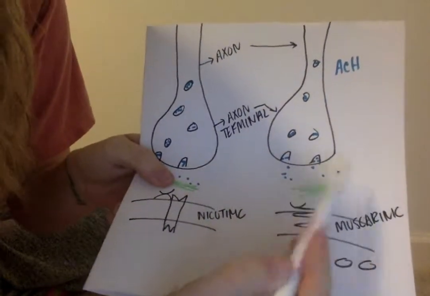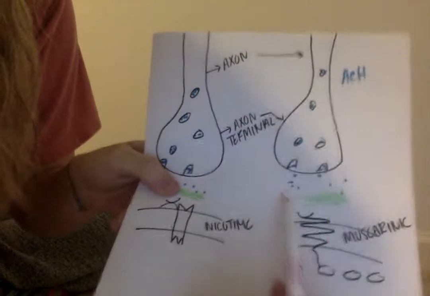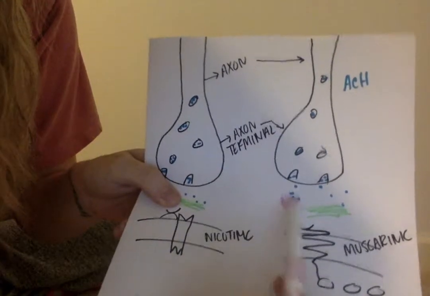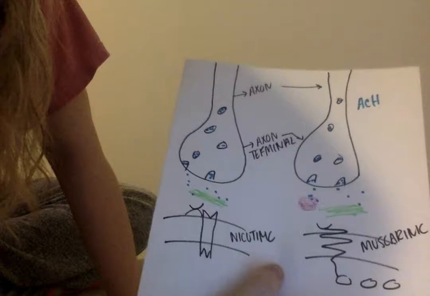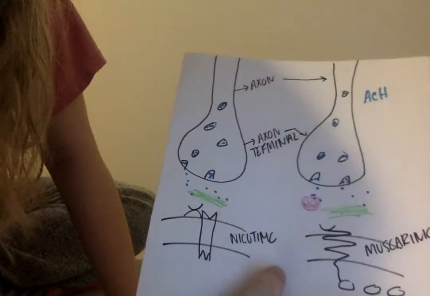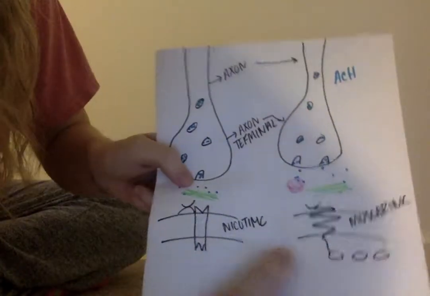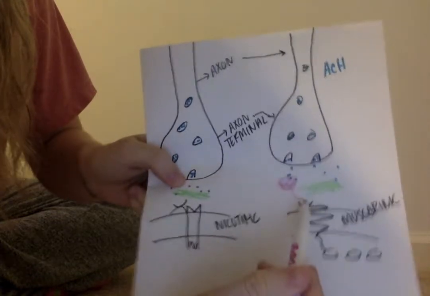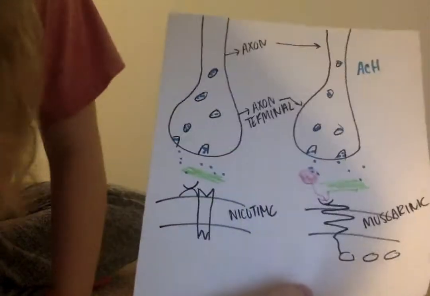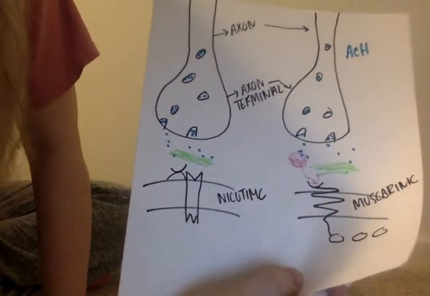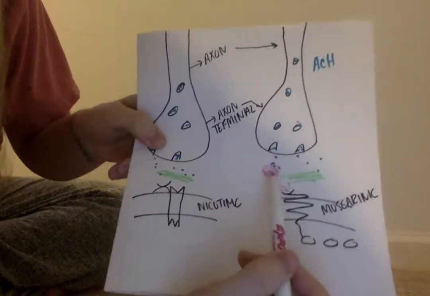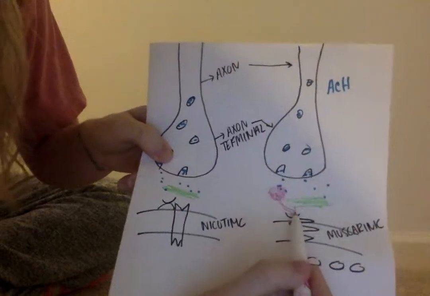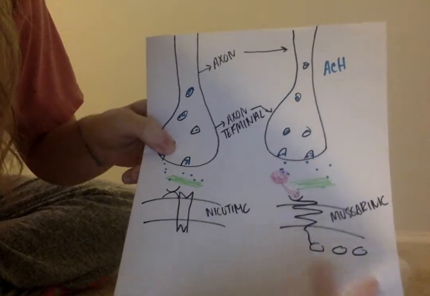So, my acetylcholine's gone, and I introduce muscarine into this neuromuscular junction. It's going to be activated. It's going to go in here, bind to this receptor, and cause activation of this cardiac tissue. So that would be a muscarinic agonist. It's activating a muscarinic receptor.